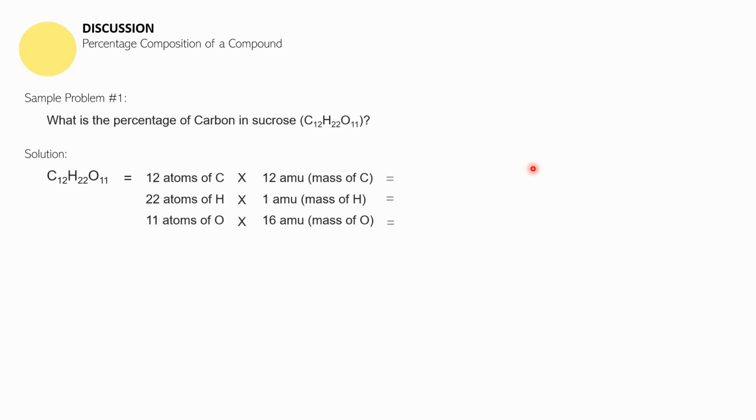Basically, you're just going to look for the molar mass of sucrose. The total of these factors is going to be 342, which is representing the mass of sucrose.